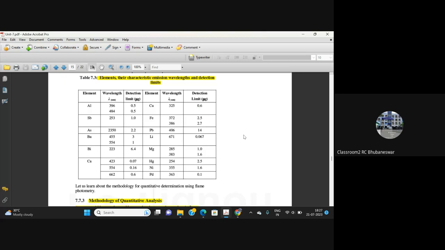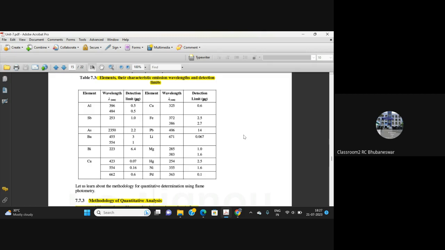Here I would like to put it this way: yesterday we discussed fluorescence spectroscopy also. There also you can study various elements. Here also you can study. But once you are studying through this method, it's not full and final that this much is there.